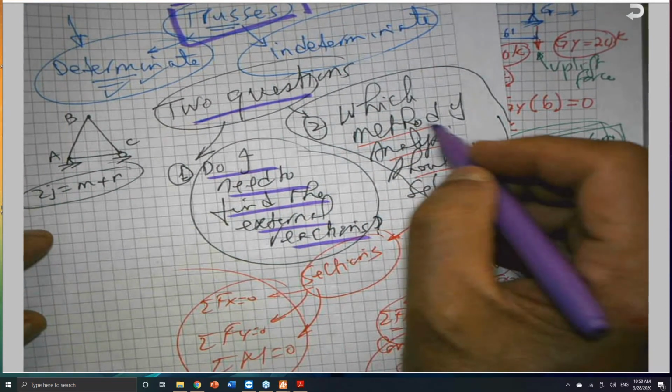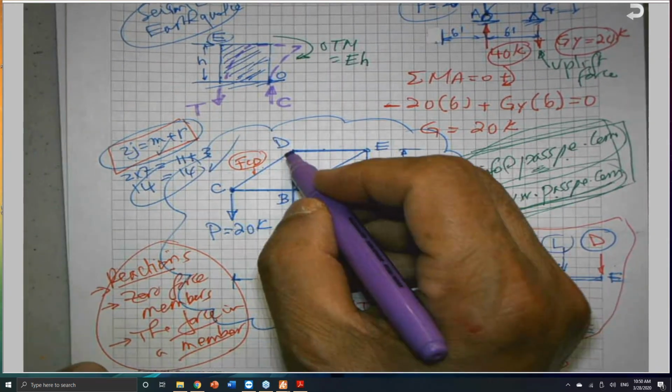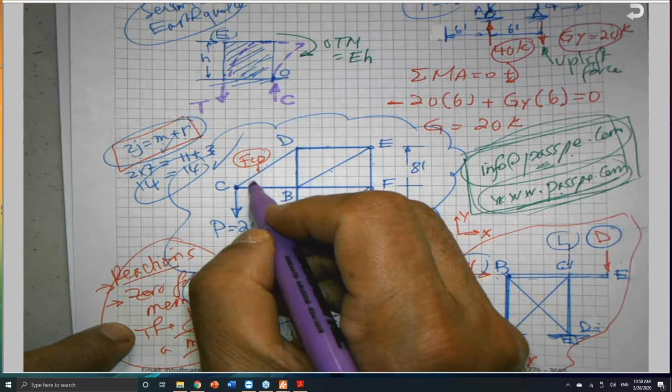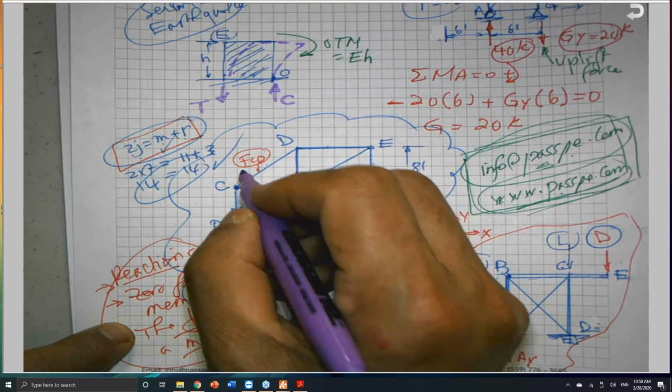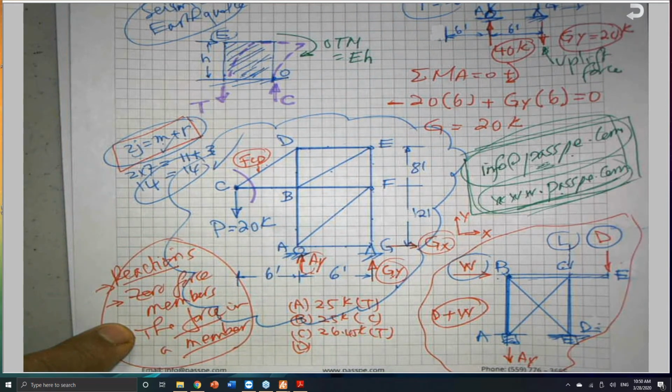The second question: which method of analysis should be selected? In this case, I have a joint here with two members, FCD and FCB. I can use the method of joints. I come with a scissor and cut this out. So I decided to go with the method of joints.